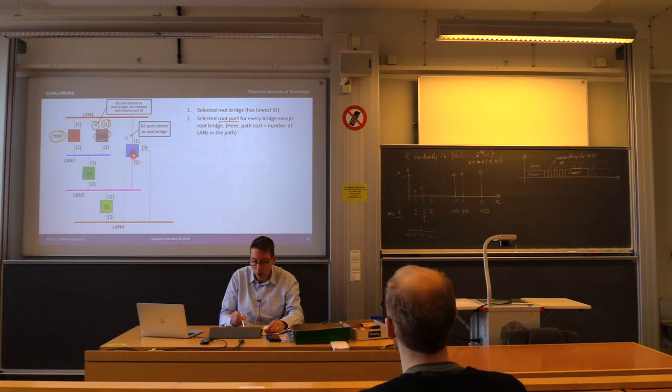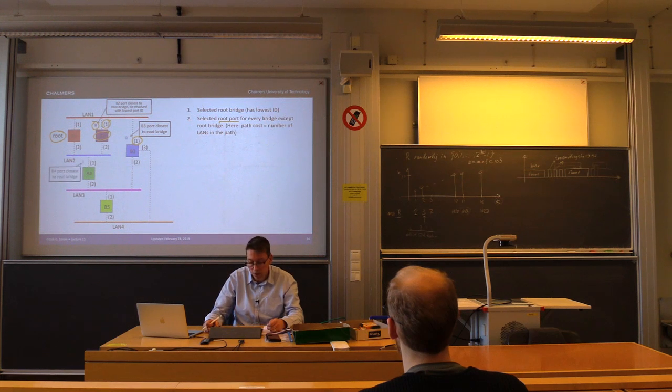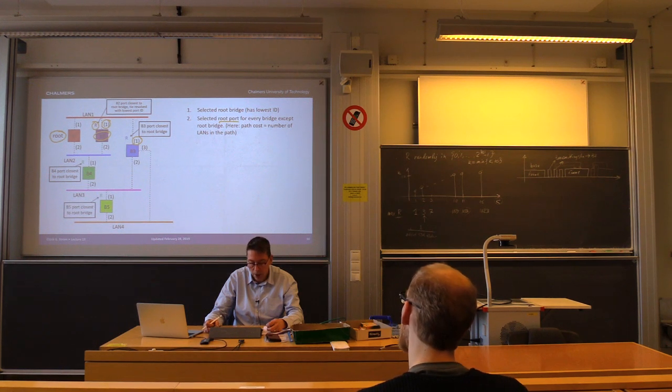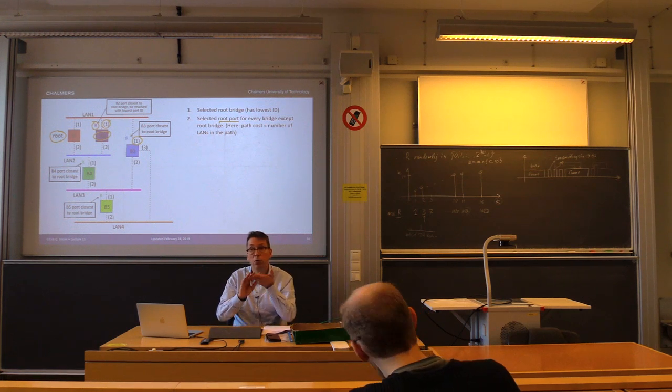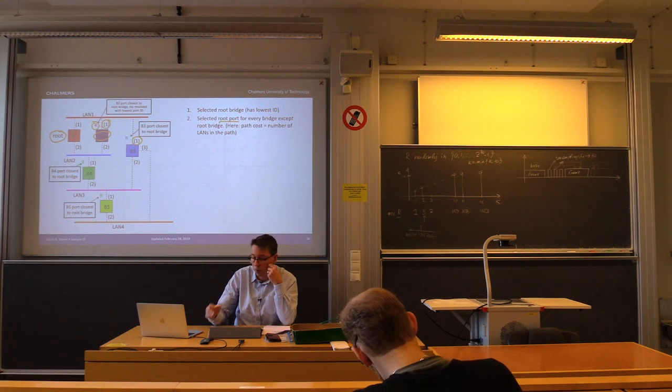Port number 2, 1, 2, or 1, 2, 3. Not a good one. Okay, so here the best port is number 1. So that's now the root port for bridge number 3. And we continue to do this for the other ones. So B4 has port number 1 as the root port, and B5 also. Okay, fine. So now we know the root and we know the root ports of all the bridges.